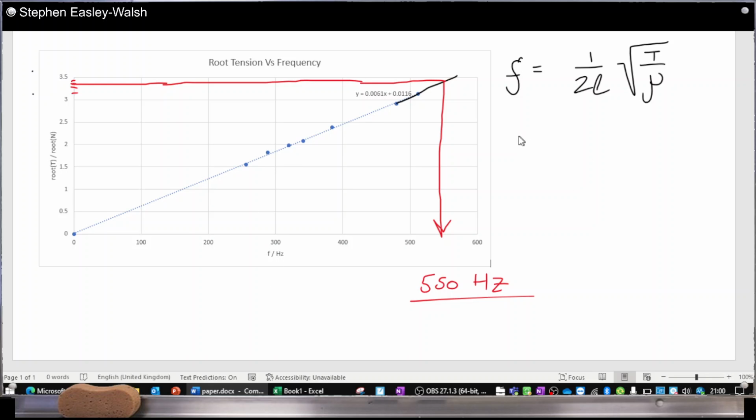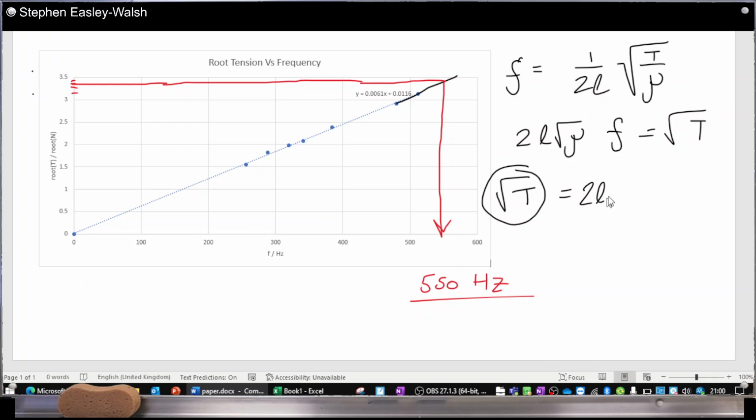If I do a bit of cross multiplying, I'll have 2L on the top and root mu on the top. 2L root mu times F is equal to root T. Or just to be even clearer about it, root T, which is what I put on the y-axis, is equal to 2L root mu times F, which is what was put on the x-axis.